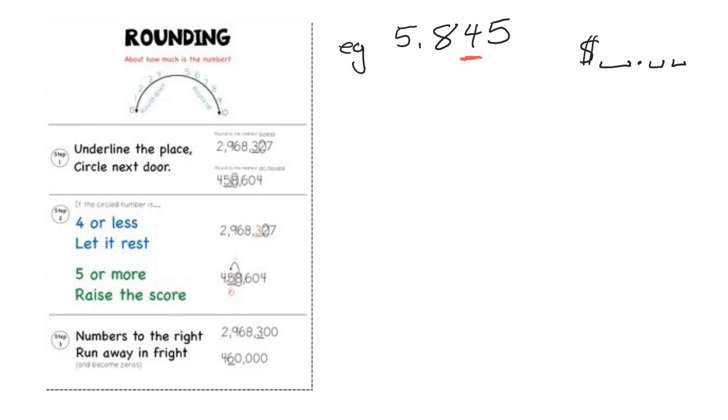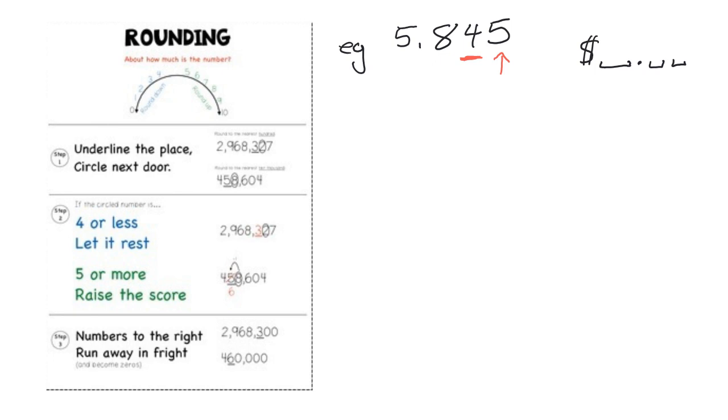So we only want to go to 2 spaces. So when we have 5.845 as our answer, we underline and then we look at the 5.